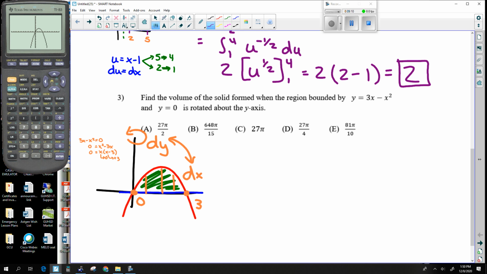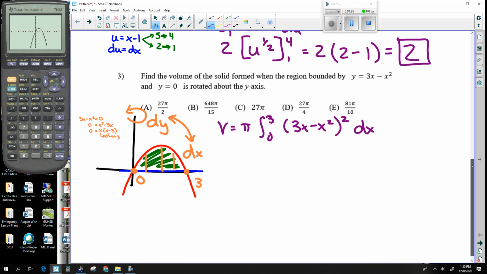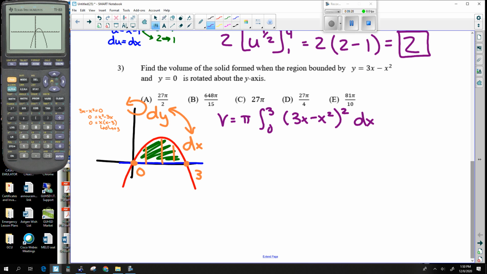All right, so here we go. Volume is equal to pi integral from 0 to 3 of 3x minus x squared, that's the r squared dx. All right, so this is what?